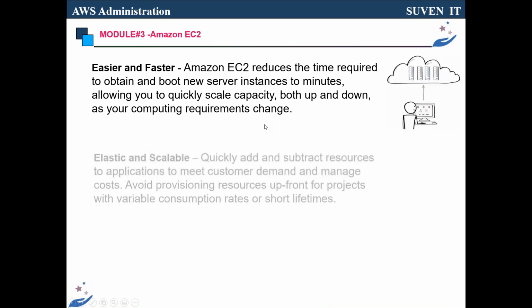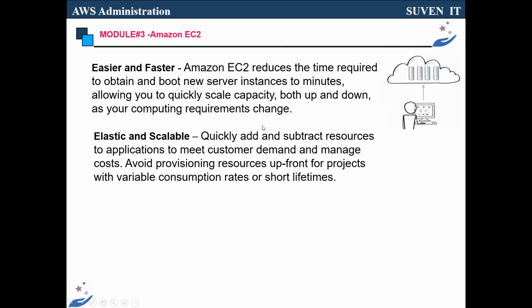It is also elastic and scalable, like drag and drop. For example, you created a 6 GB hard disk, and after one month they ask for 10 GB. You can just drag and drop. You can also increase resources like CPU and memory, and the hard disk space as well.